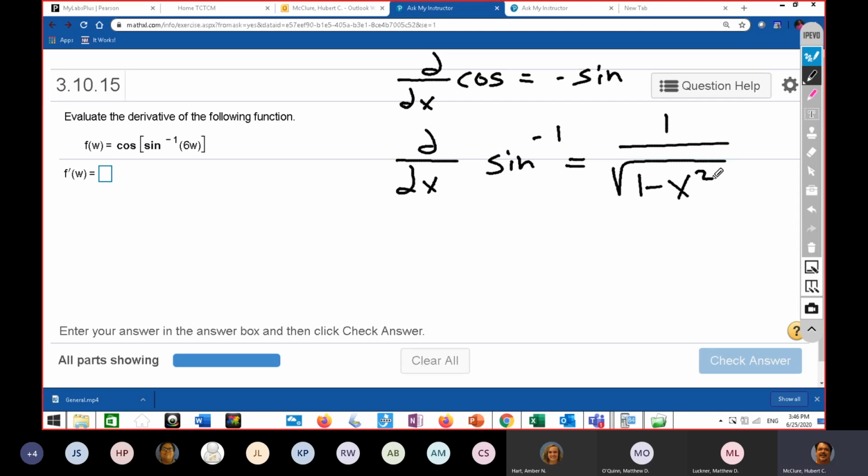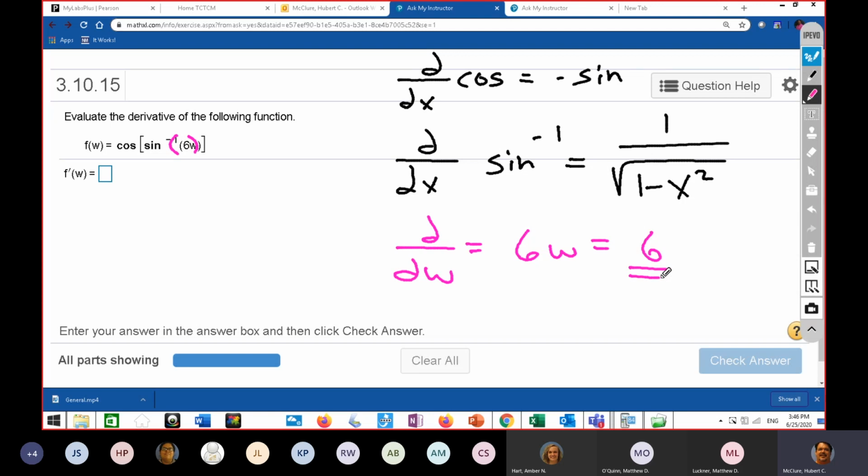I'm going to take my handy dandy magenta. And that's the derivative of 6w, or dw, 6w is equal to 6. Okay, now all of that is what you need to write down before you even start the problem.